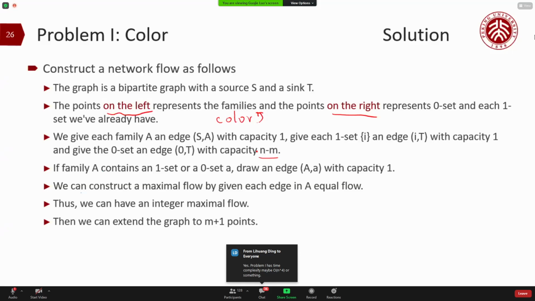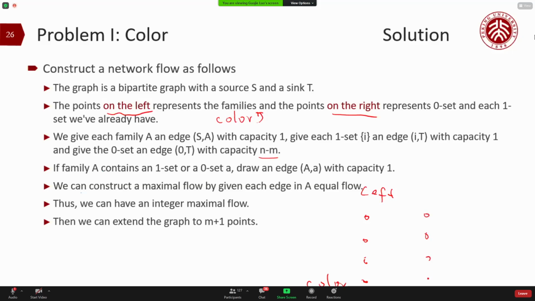After solving this network flow, because of the property of the network, we can have an integer maximum flow, and then we can use the edges to find out the assignment. On the left-hand side these are the colors, and on the right-hand side it's the vertices.